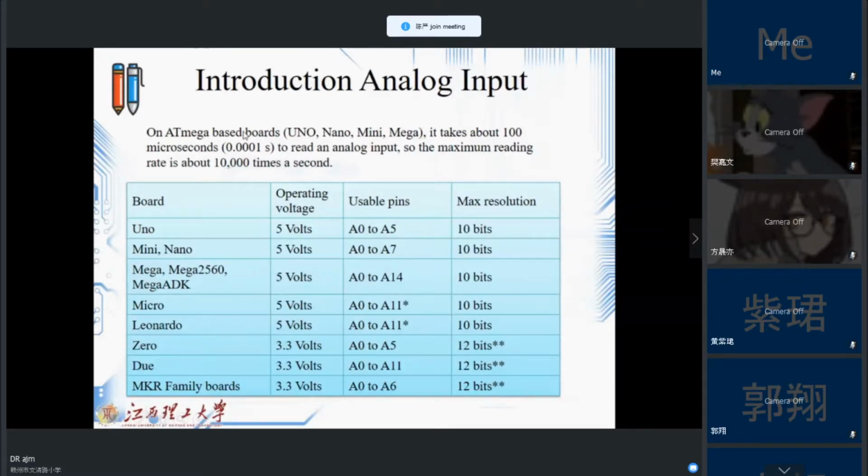One more point: in the Uno it will take 100 microseconds to read an analog input, so the maximum reading rate is 10K times a second.